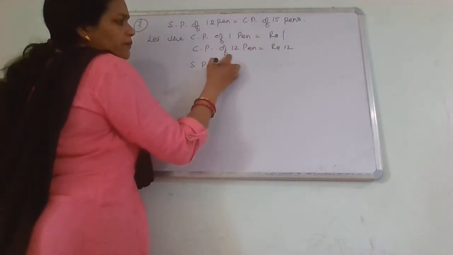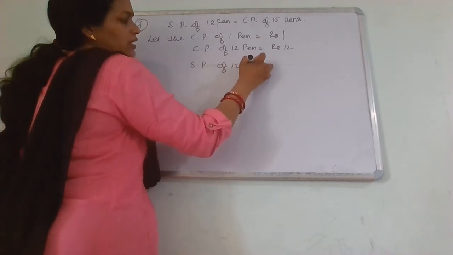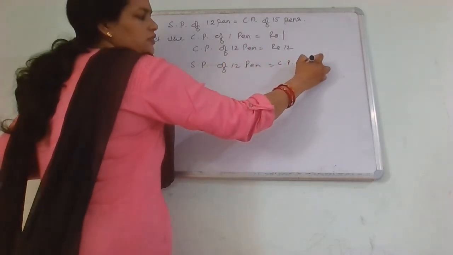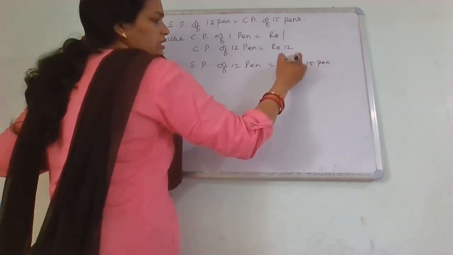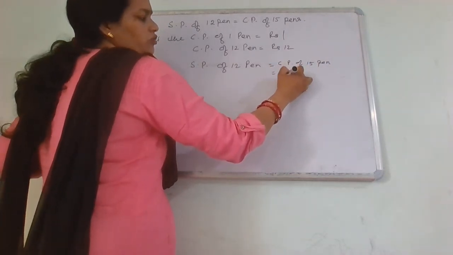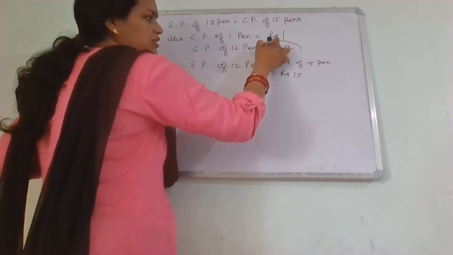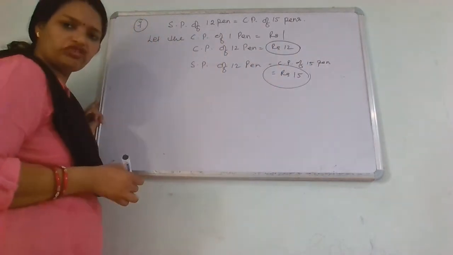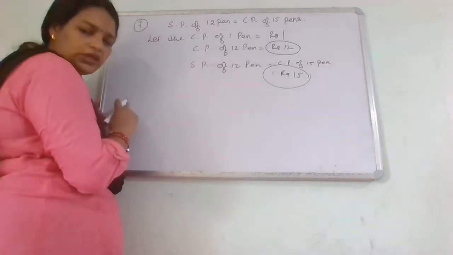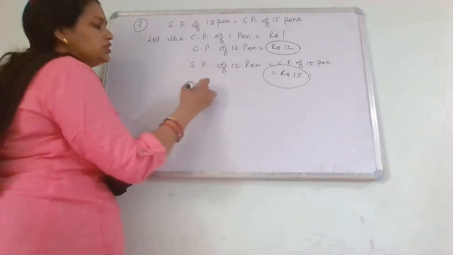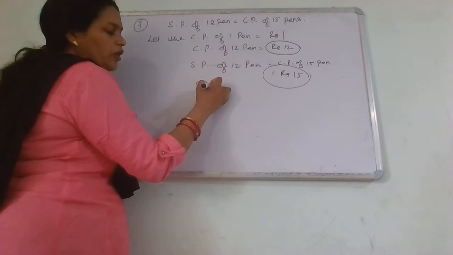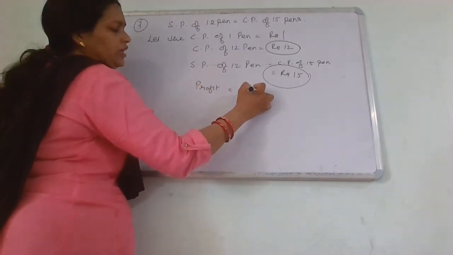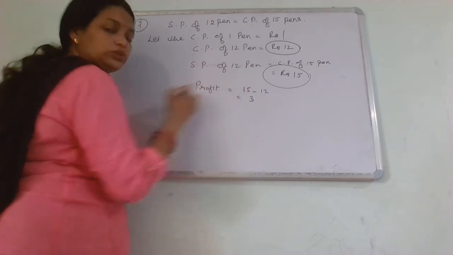And selling price of 12 pen is equal to cost price of 15 pen. So cost price of 15 pen means 15 rupees. Now here is the cost price of 12 pen and here is the selling price of the 12 pen. Now we can compare what is the profit and what is the loss. So here profit is there. So profit, or you can say gain, is 15 minus 12, that is equal to 3.